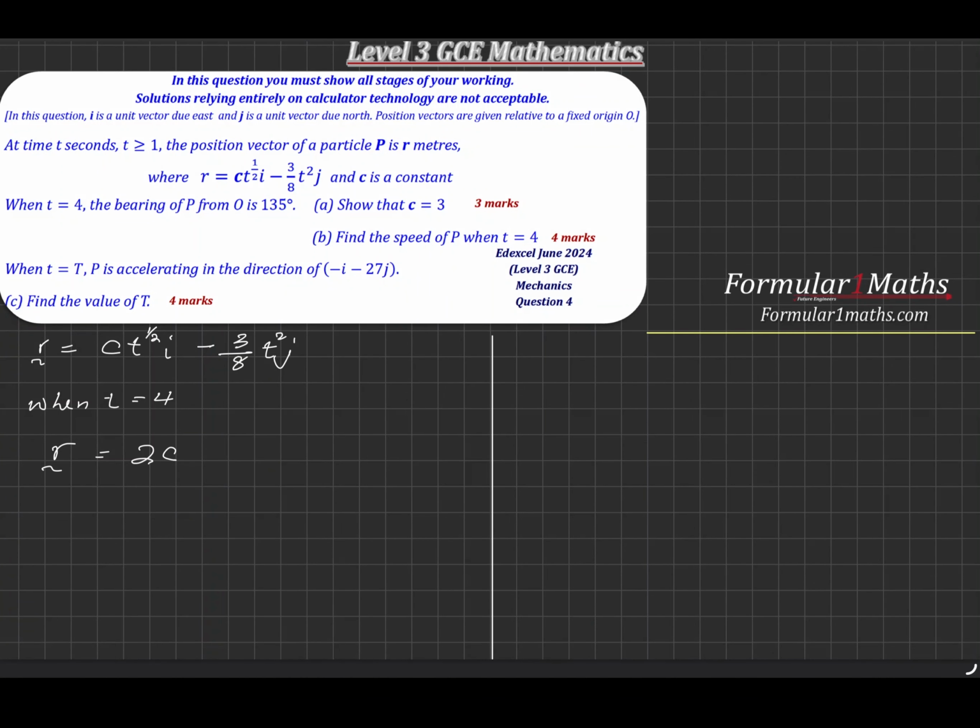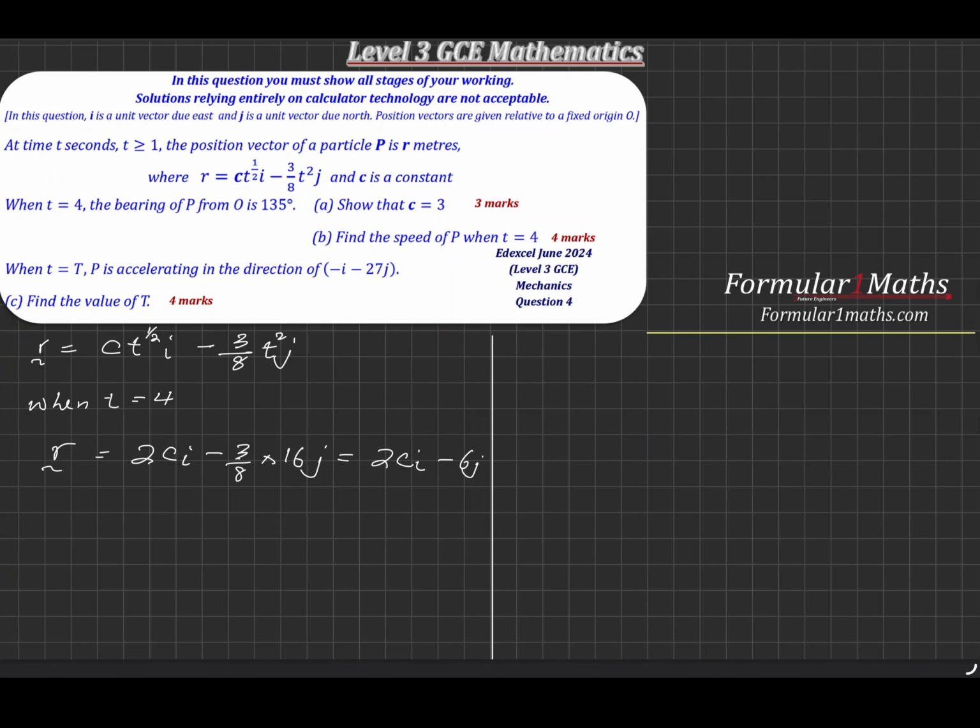So I have 2c i minus 3 over 8 times 4 squared, which is 16, j. This will reduce to 2c i minus 6j. So this is the position vector of P when t is equal to 4.